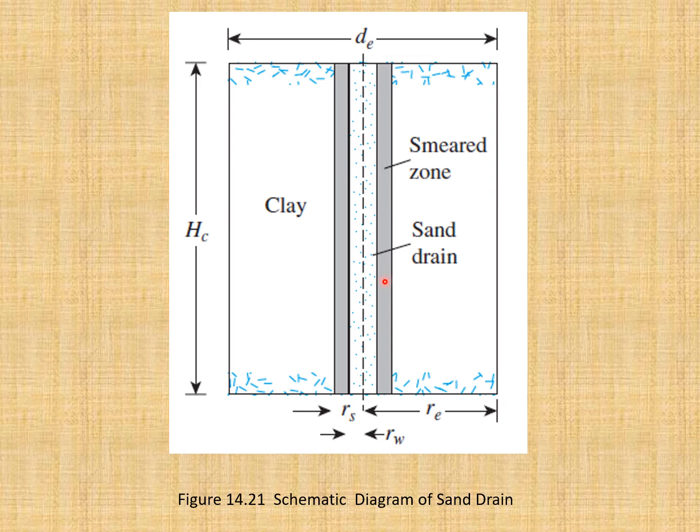In this region you can say the soil is disturbed, and because of that, you are having the decrease in the permeability in this part. So that is called the smeared zone. If you look at that, this radius is r sub s, and this radius is r sub e. Now again, look at the smear.